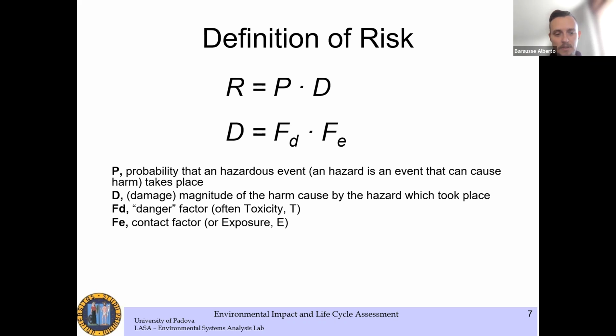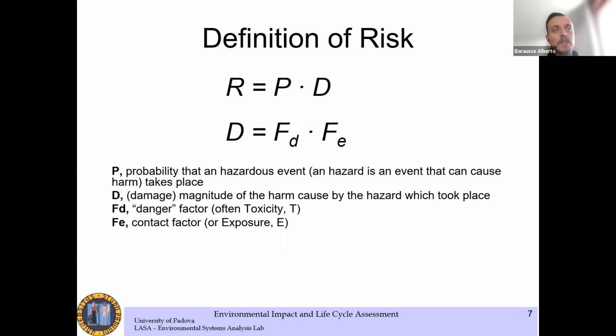And you can think of D, the magnitude of the hazard impact, as the product of a danger factor, toxicity, okay, and a factor which expresses how much humans, in the case of health risk assessment, come into contact with the contaminant. And this is called exposure.